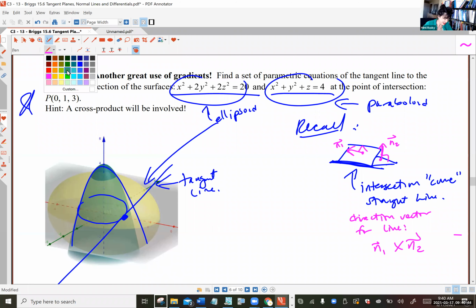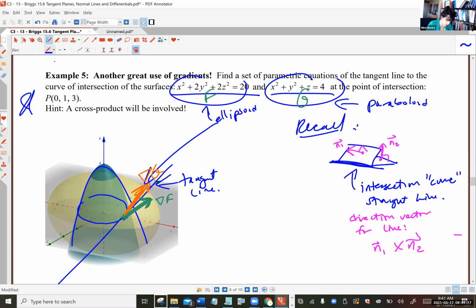Well, here's the thing. At this point, we'll call the paraboloid big F, once we get everything on one side, and the egg G. The paraboloid has big del F at that point. And the egg has his gradient at that point. I'll use orange, since yellow doesn't show up well. His gradient might be more like that, that's big del G. And I claim that the cross product of those two vectors is going to give a vector orthogonal to both, of course.